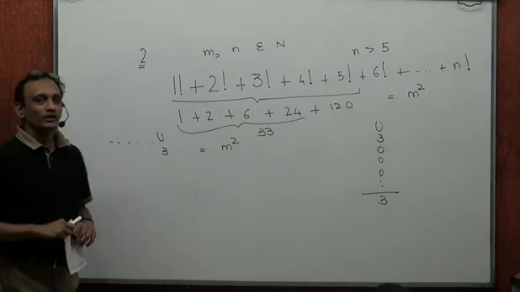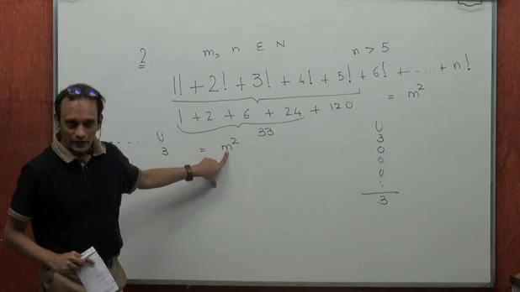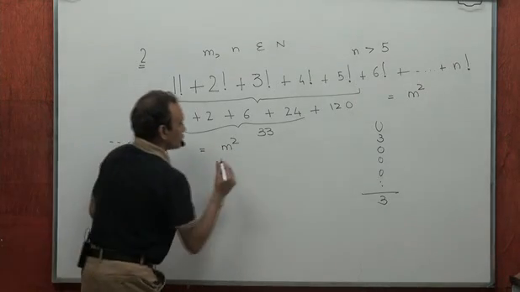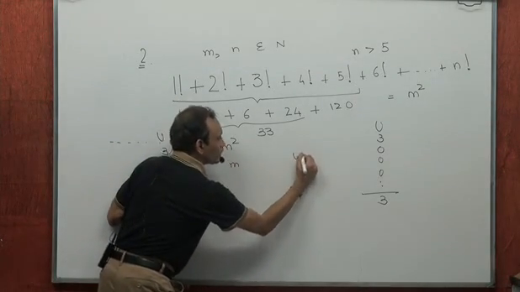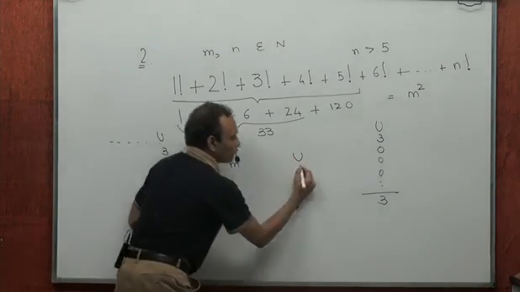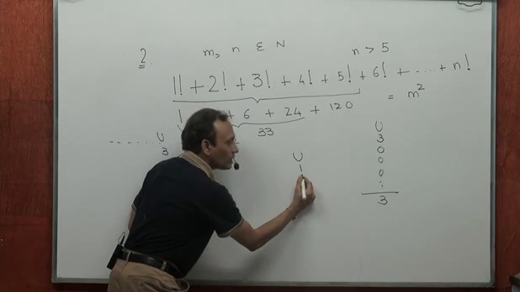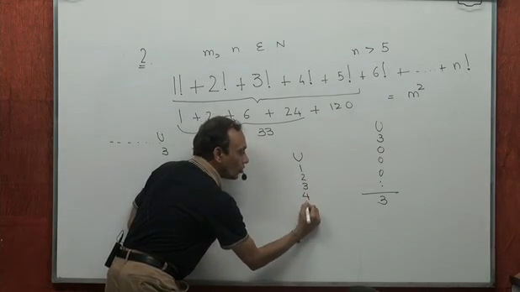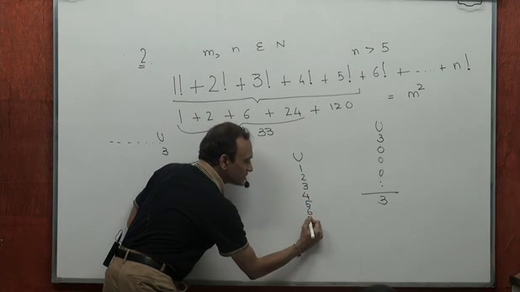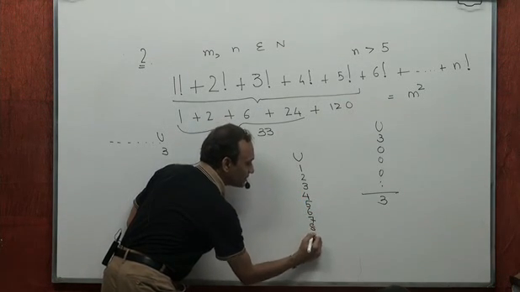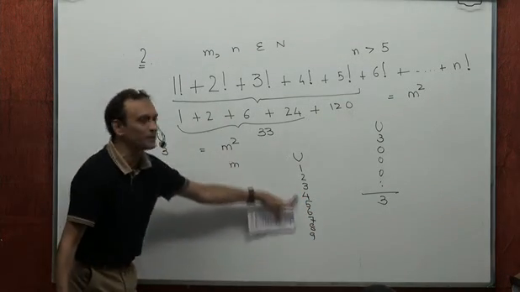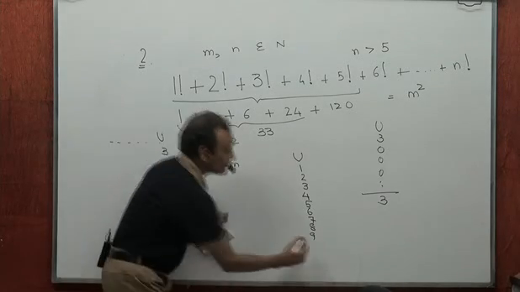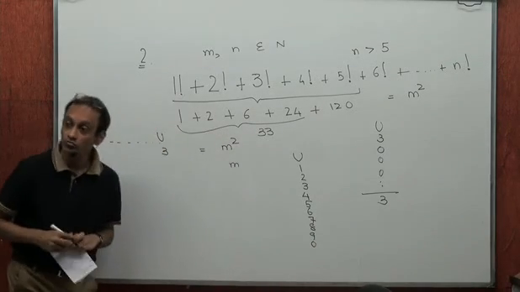Now, this m is a natural number. M in its units place would either have 1 or 2 or 3 or 4 or 5 or 6, 7, 8, 9. These are the possibilities of the units place of m, or 0, isn't it?